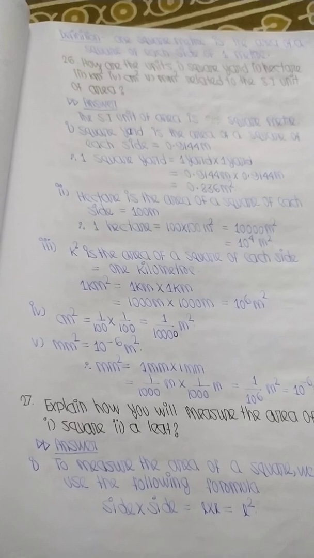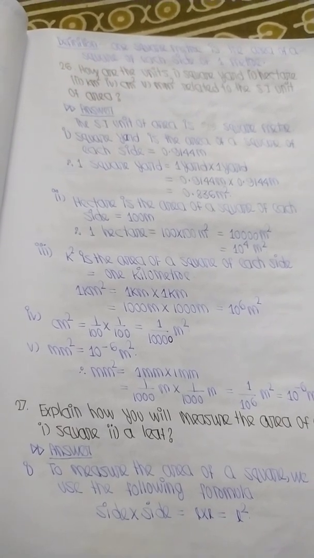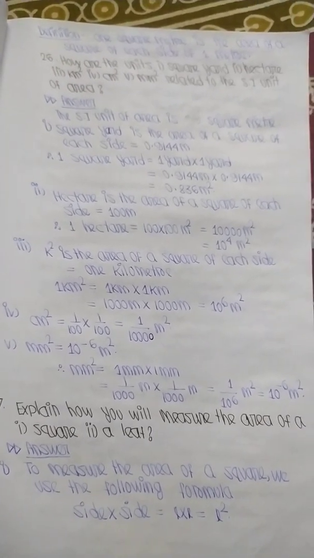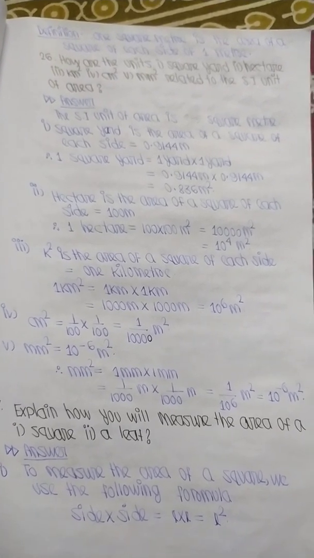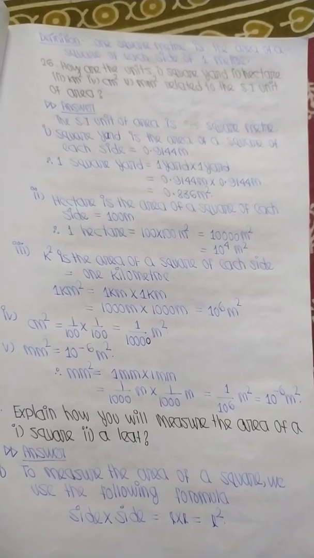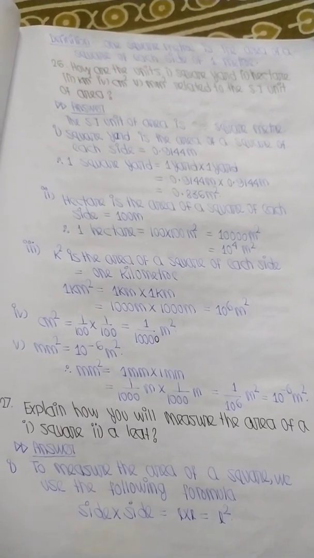Number 5, millimeter square. 1 millimeter square is equal to 1 millimeter into 1 millimeter, which is equal to 1 by 1000 meter into 1 by 1000 meter, which is equal to 1 by 10 to the power 6 meter square, which is equal to 10 to the power minus 6 meter square.